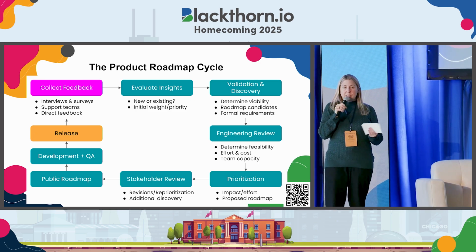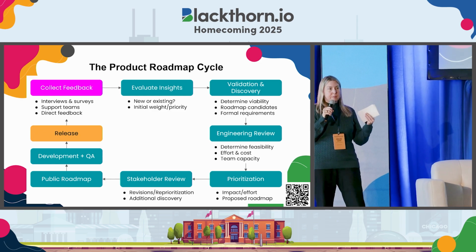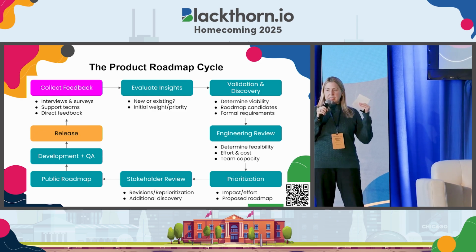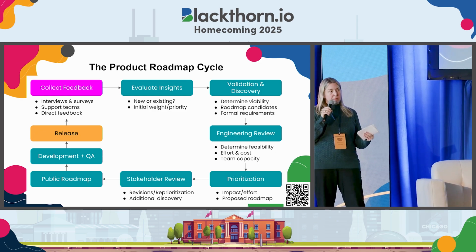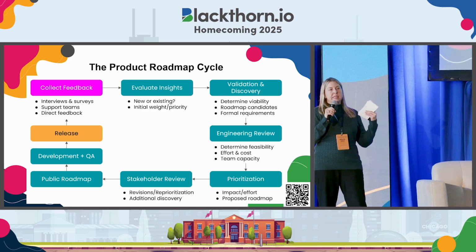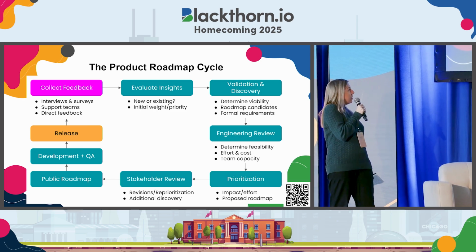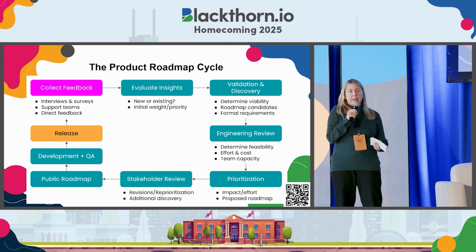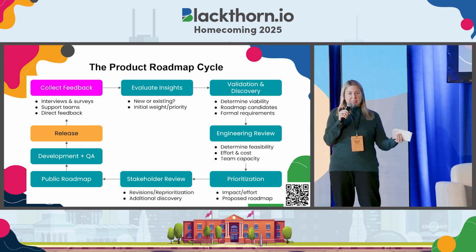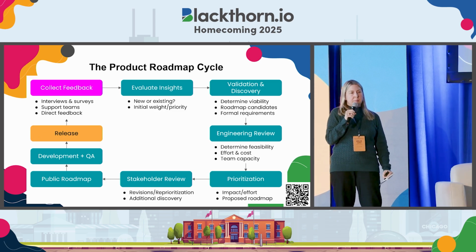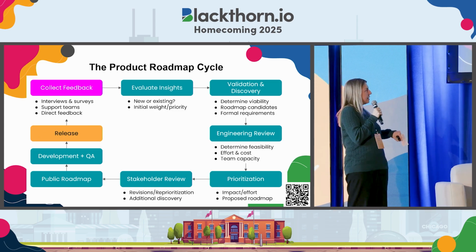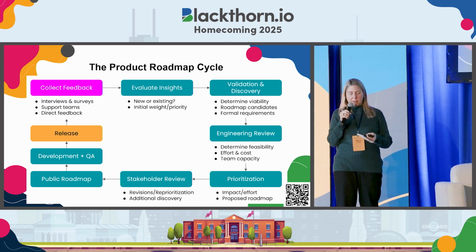Once it's on the roadmap, it is in some stage of development. So it's either being actively worked on by the engineering teams, or it's about to be worked on. From here, it goes through development, it goes through QA, then is released, and then we start collecting feedback about it all over again. So this is a continuous cycle that you guys are an integral part of.